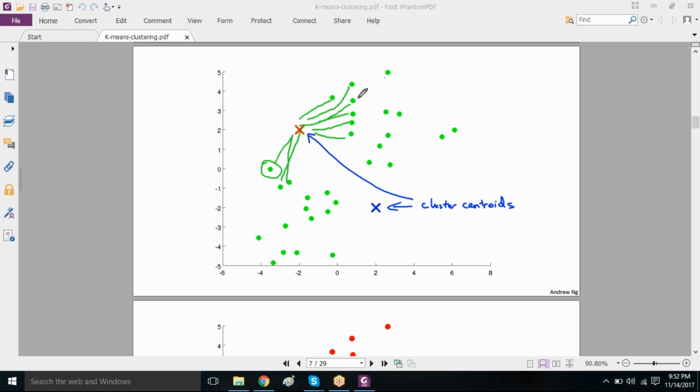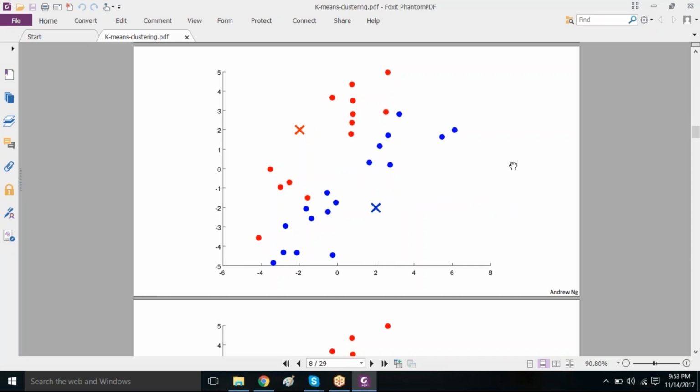Assign all the data points which are near to this as red, and all the data points which are near to the other X will be assigned like this.